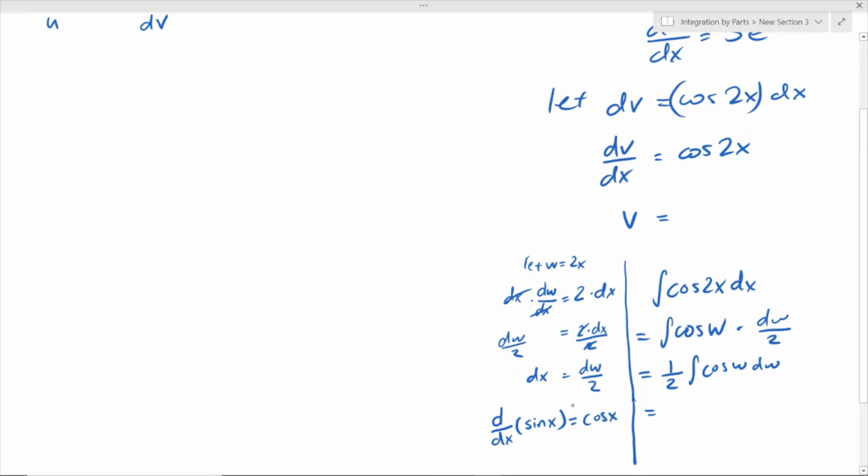Okay, and we're integrating it, so we're trying to find what it was before being a cos, right? So basically, if we integrate cos w, it's going to be sine w, right? So it's going to be 1 over 2 times sine w right here, and plus the constant c. But for v, we don't write the constant c, so I'm just going to write 1 over 2 times sine, well, what was w? Well, it was actually 2x, so I'm going to write sine 2x, like that. Okay, so this is our v.